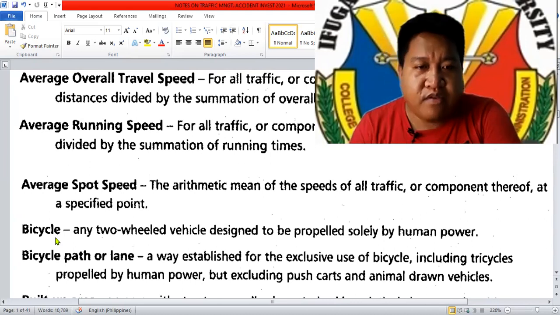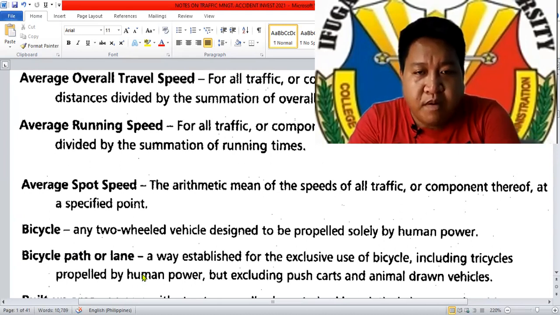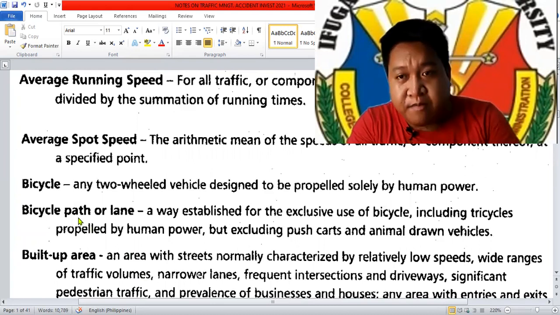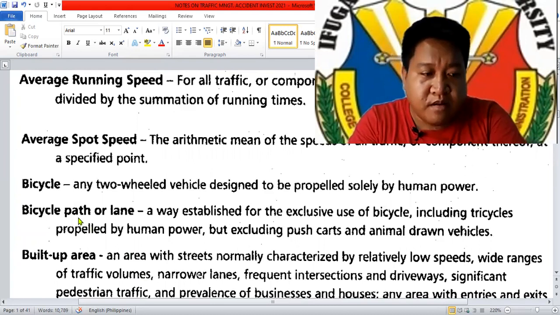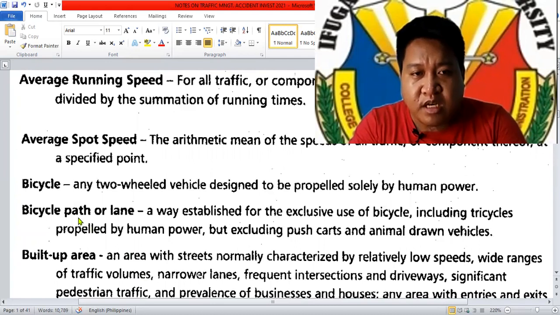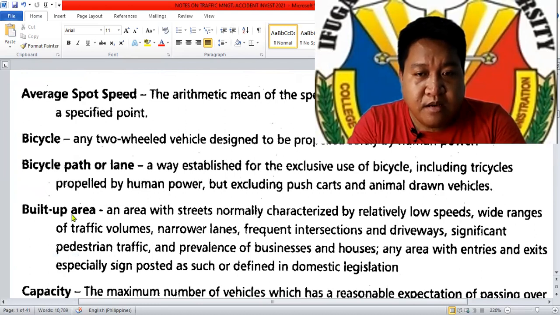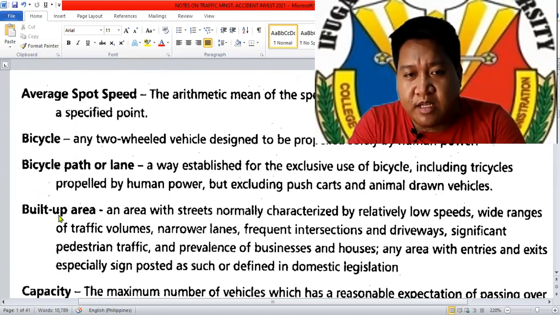Then bicycle path or lane. As part of traffic management in Metro Manila, until now the bicycle lane has not been perfected or popularized, so that bicycles pass only there, and that is to avoid accidents, so they do not mix with motor vehicles. Then the term built up area is an area with streets normally characterized by relatively low speed.